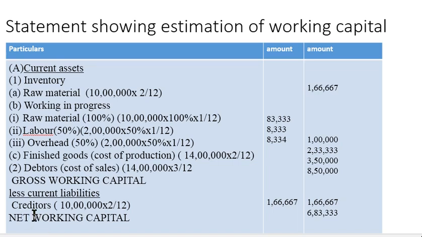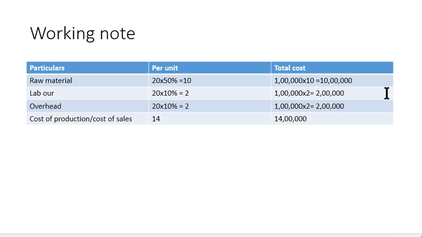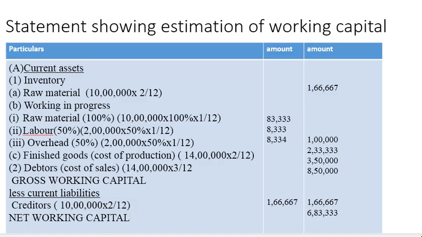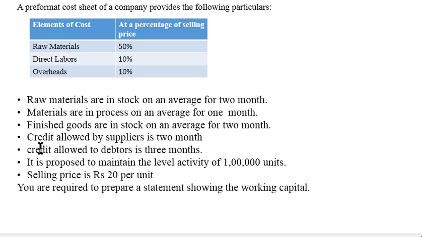Now creditors. Creditors are usually valued at purchases of raw materials. It means we have to calculate the creditors on the total raw material. So first we will write what is the total raw material. Check in the working note, you will get it is 10 lakh rupees. So 10 lakh into 2 by 12. Here you see credit allowed by suppliers.